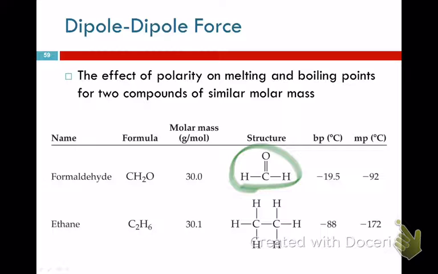This one has dipole-dipole. And for the same molecular weight, this one is nonpolar. So it has an induced dipole.